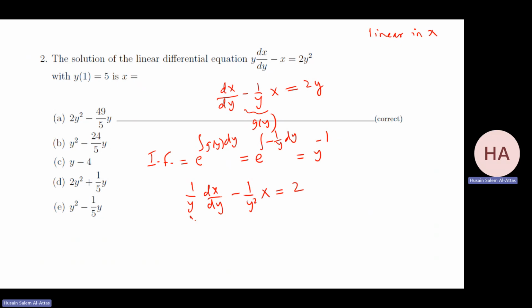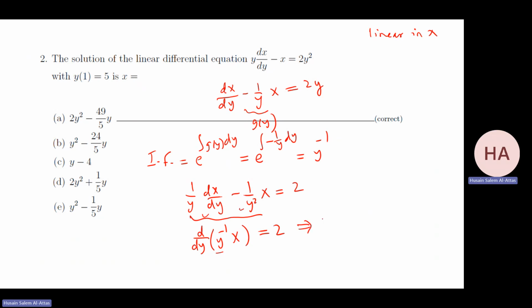This should be d over dy of y to the minus 1 x equal to 2. Check. That will be 1 over y dx over dy, this one. And then the derivative of this, minus 1 over y squared times x, which is this one, which is correct now.